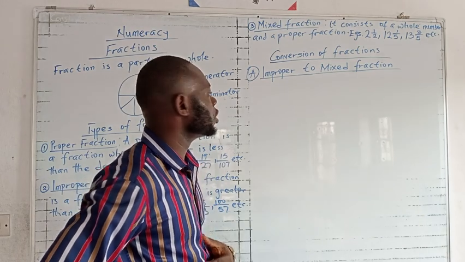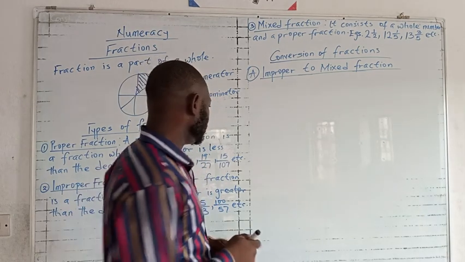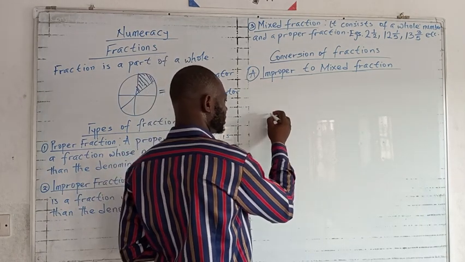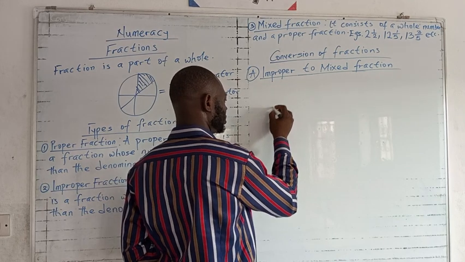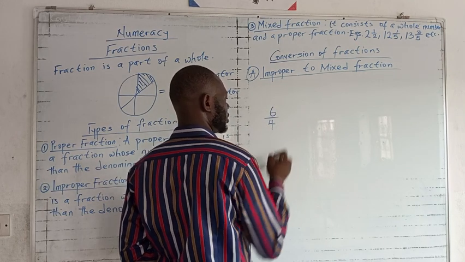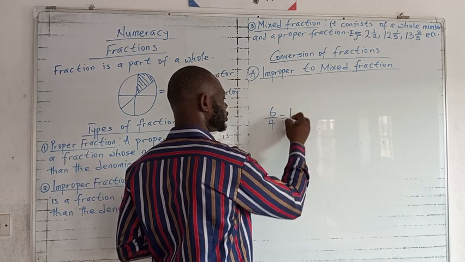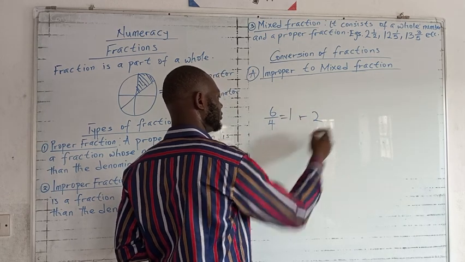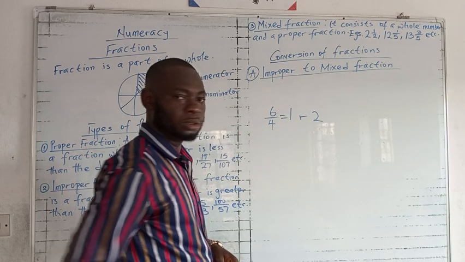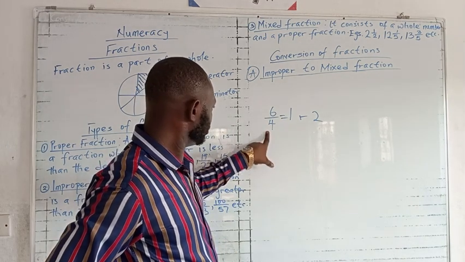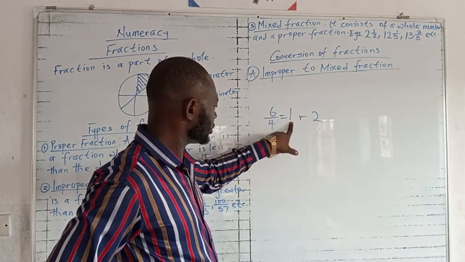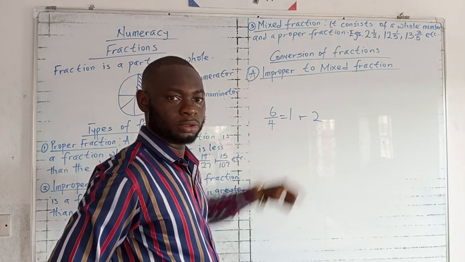Now, suppose we have this number, let's say 6 over 4. We know that when 6 is divided by 4, it will give us 1, but we will have a remainder of 2. 6 divided by 4 is 1 remainder 2.